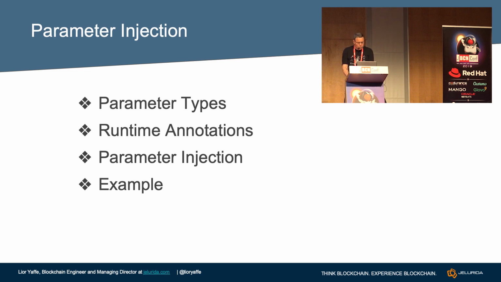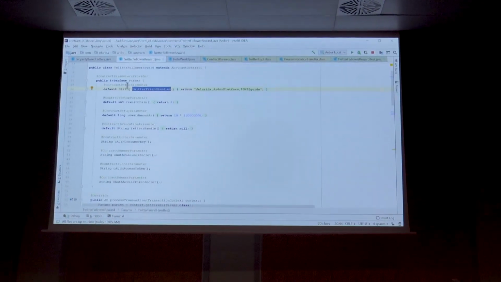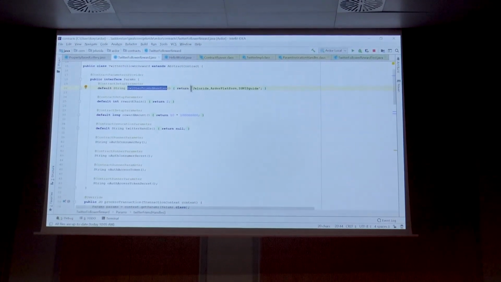If you look at the contract code itself, you see there is a parameter, Twitter friend handles, which is a contract setup parameter.